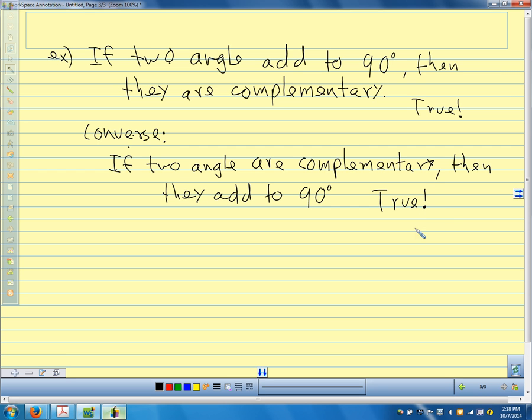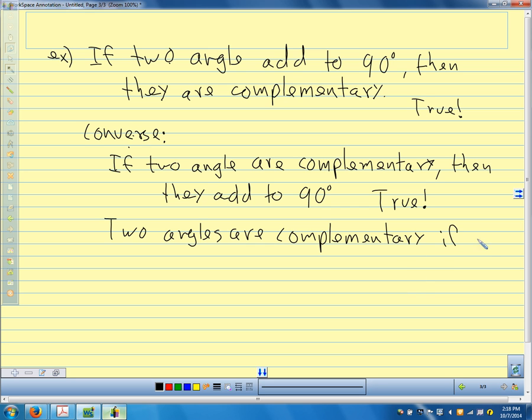All right, so let's write the biconditional. Two angles are complementary, and what am I going to say for a biconditional?